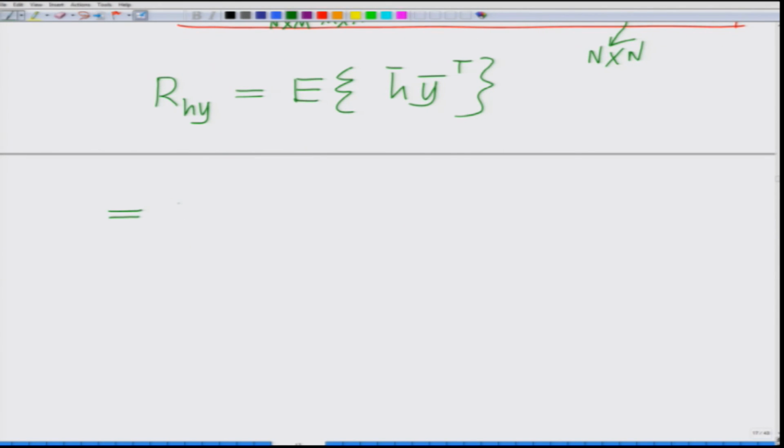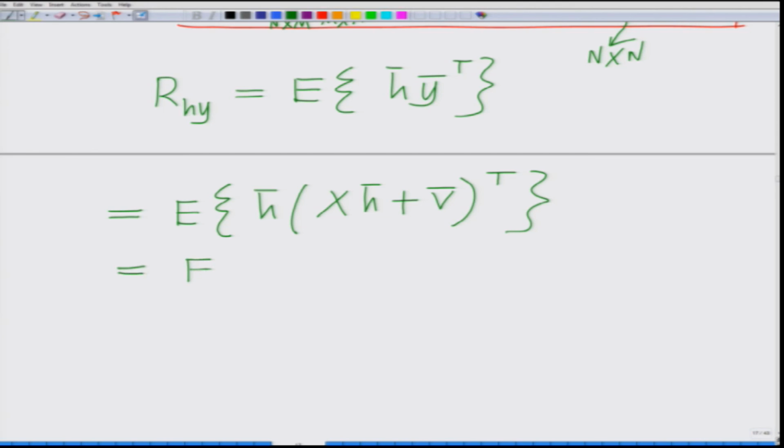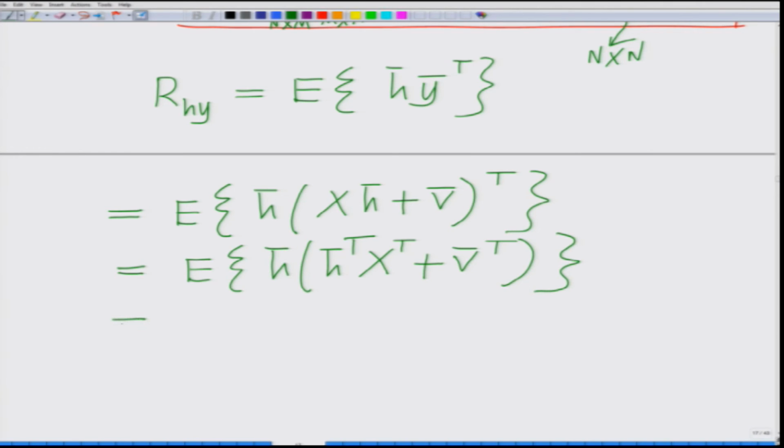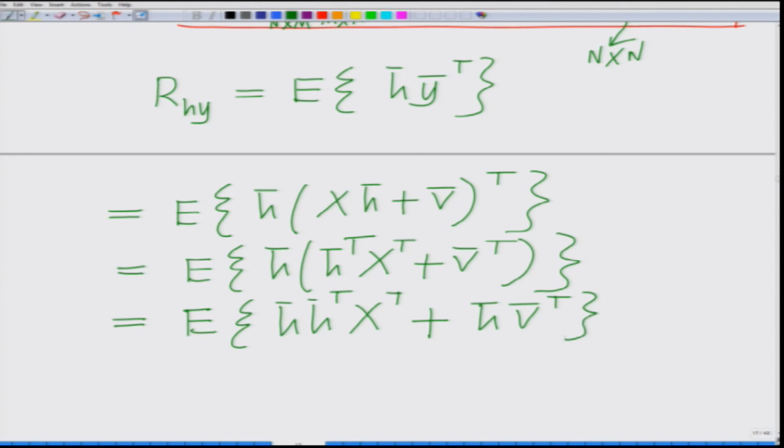This is equal to expected value of H bar times x H bar plus V bar transpose, which is equal to expected value of H bar H bar transpose x transpose plus H bar V bar transpose.